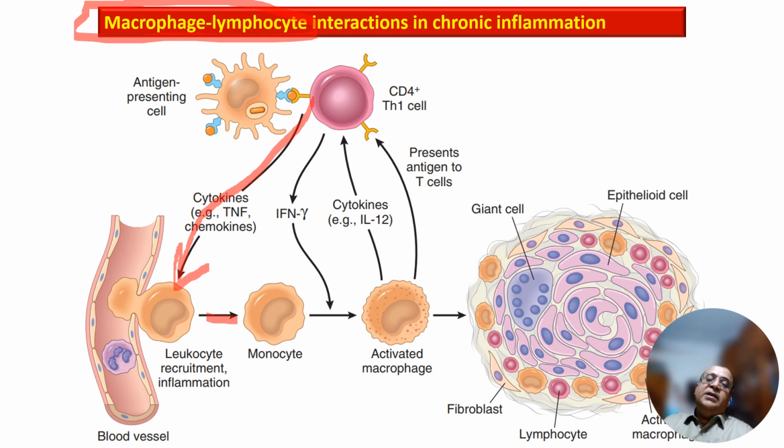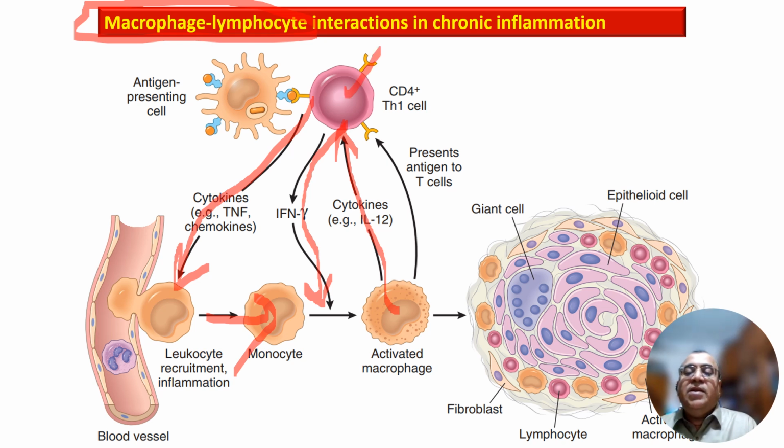The monocyte, under the influence of gamma interferon that comes from the CD4 T cells, activates the macrophages, and now the macrophages are activated.